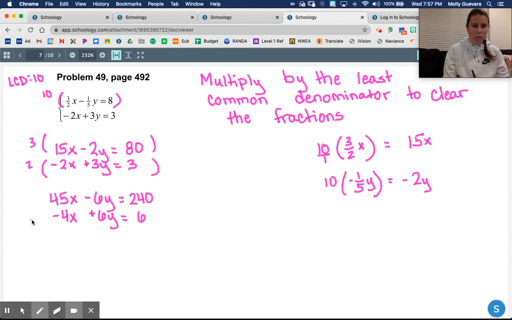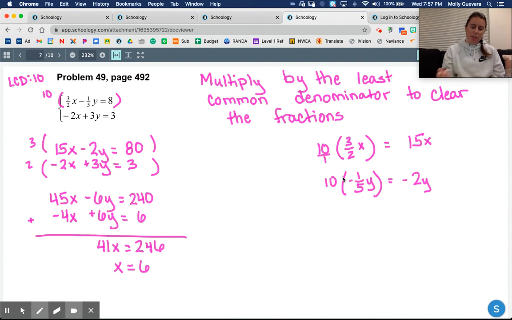And we are cruising from here. 6y's eliminate. 45 minus 4 is 41x, and 240 plus 6 is 246. Divide both sides, and I get x equals 6.